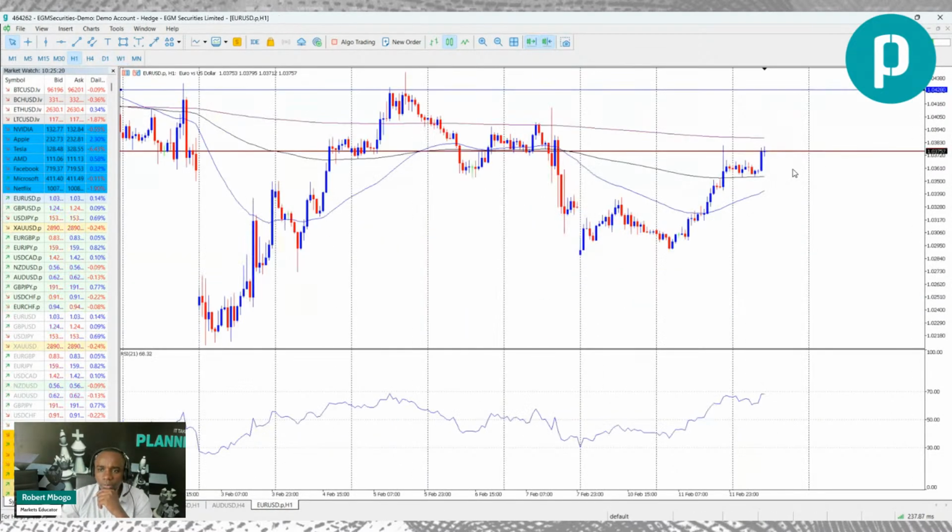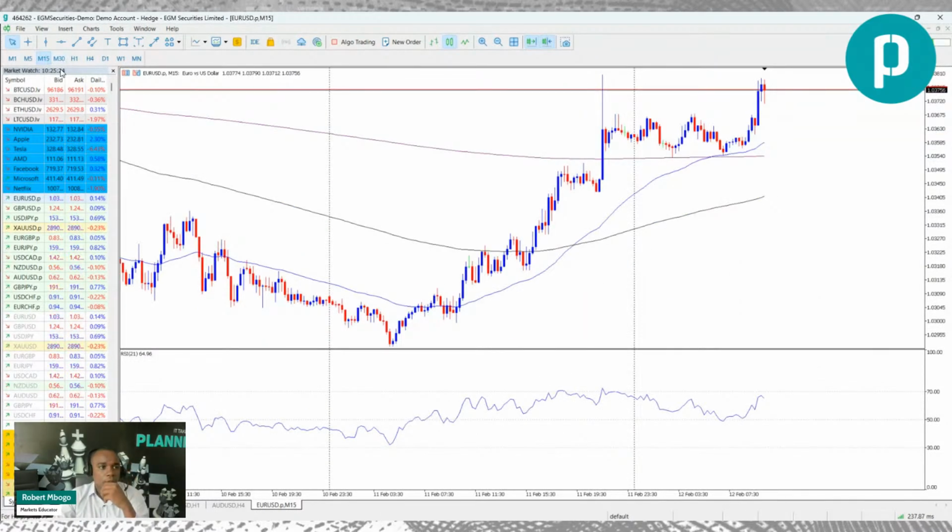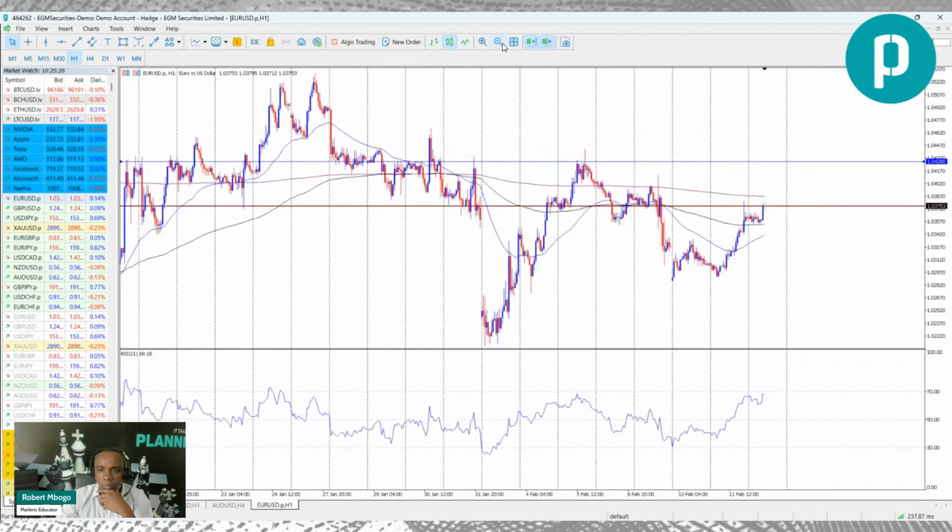So I'm still bullish on this one. That's Euro USD. Which is the other currency?